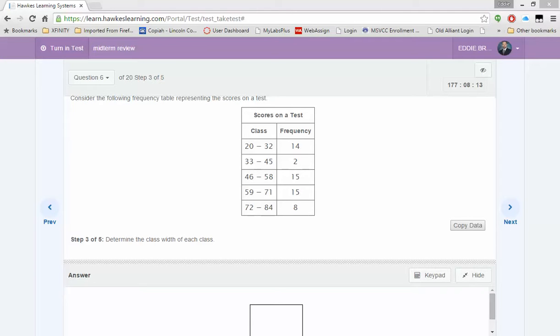Since we have our table listed like this in a frequency distribution, you can take any two consecutive lower limits or any two consecutive upper limits and find the difference. So 33 minus 20 is 13. 45 minus 32 is 13. So that is the class width. It's 13.